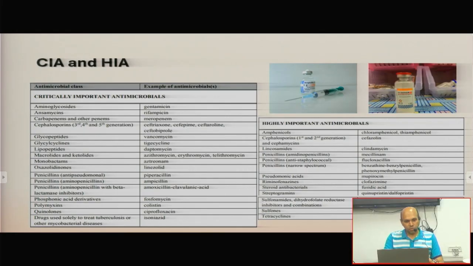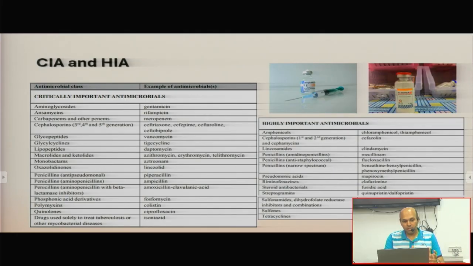Very nicely, you can already see, for example, in the critically important antimicrobials, in aminoglycosides, you have got gentamicin. Then vancomycin, you have got rifampicin, which is used for TB, for example. Then in carbapenems, you have got meropenem, and so on. There's a list of things over there.